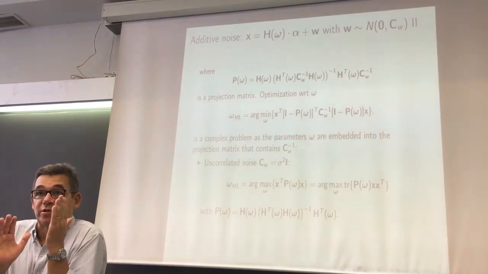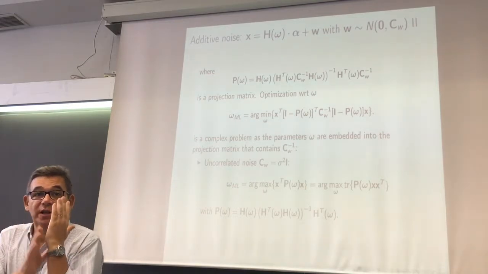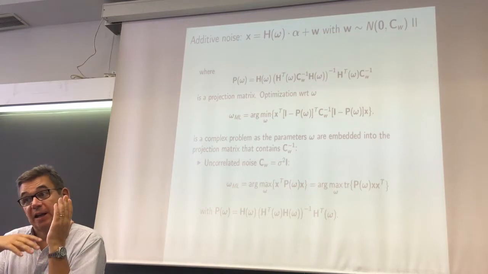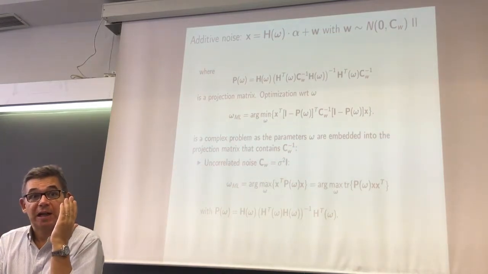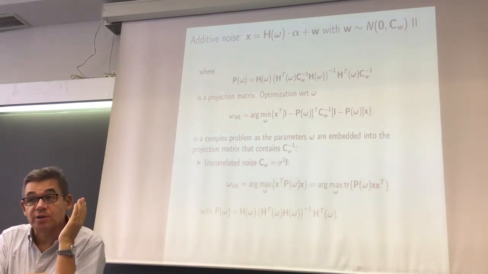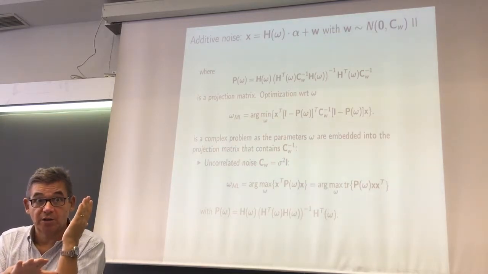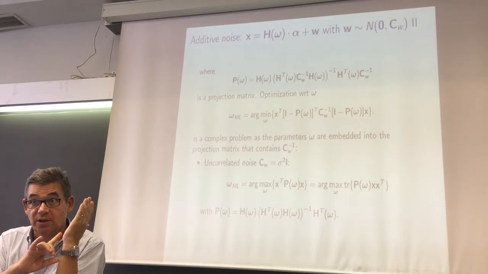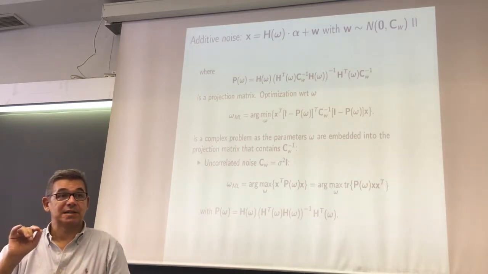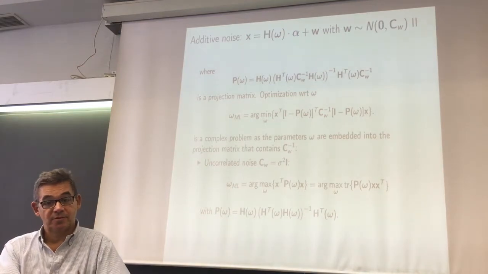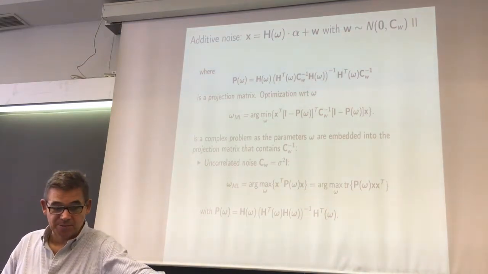Now, what is a projector? The projector is an operation which is taking the vector and projecting onto the span, onto the subspace of the columns of H. Okay? So that means that this subspace depends on omega. Now, what is this subspace?